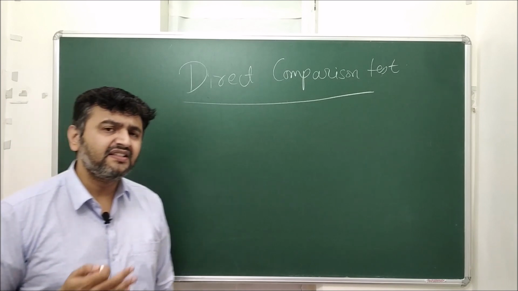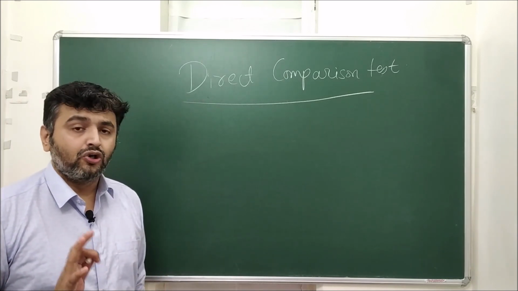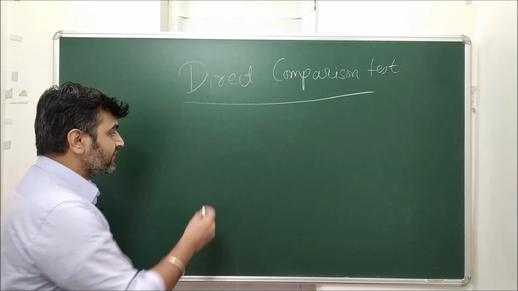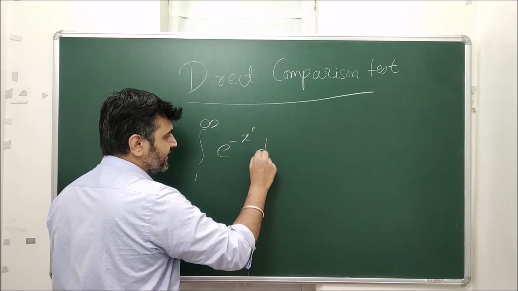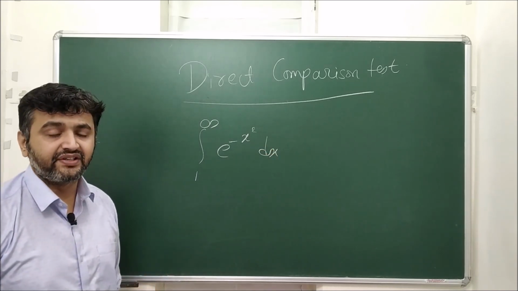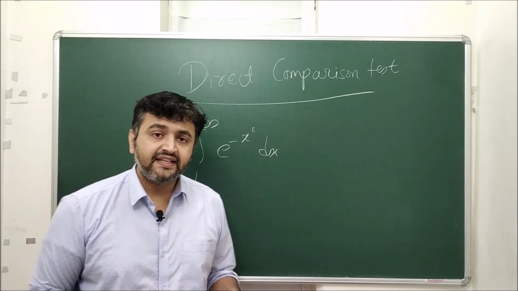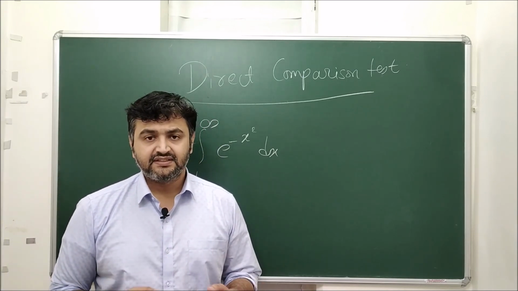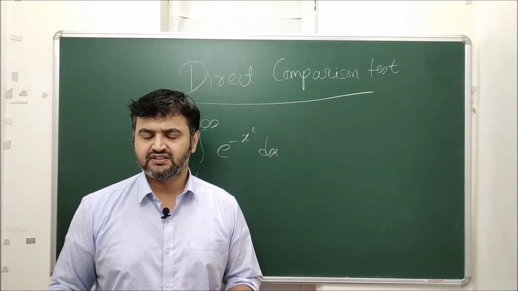Now why do we need this test for convergence? See, integrals are not always easy to solve. Suppose I give you the integral from 1 to infinity of e raised to minus x square dx. This is non-elementary, you cannot solve this integral. But if I know the nature of that integral, as in whether it is convergent or divergent, then if it's divergent, it's okay.